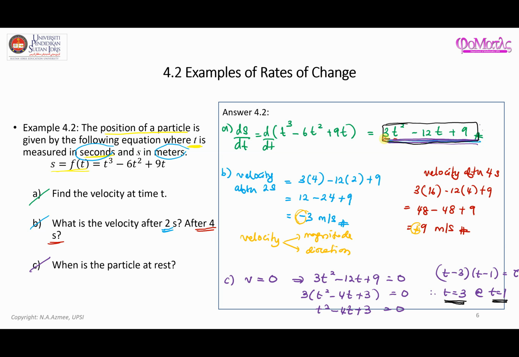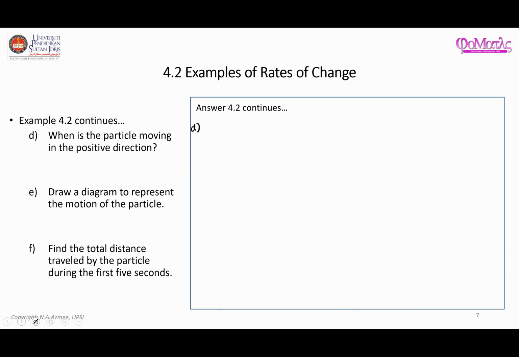Therefore, since the value here is positive, we know that the graph is going to look like this. Okay, so it's going to open upwards, or it's going to be smiling, as you can see here. Now, I'm just going to show you how you can sketch the function here. So we can imagine this is the vertical axis, which represents the velocity, and this is the horizontal axis, which represents the time.